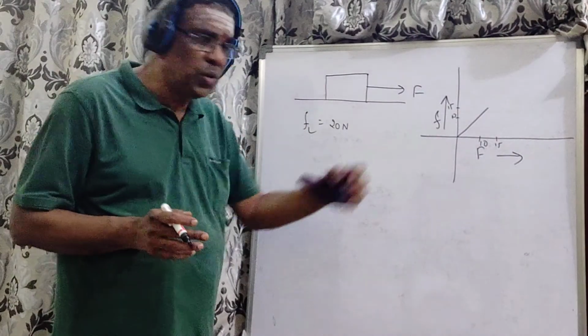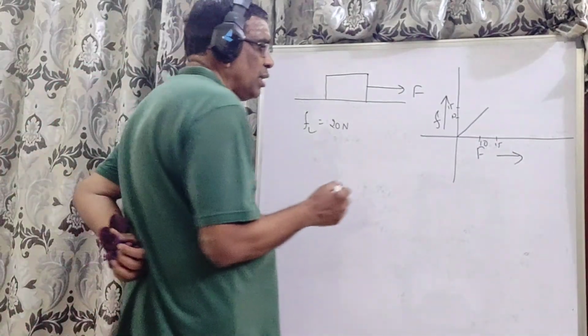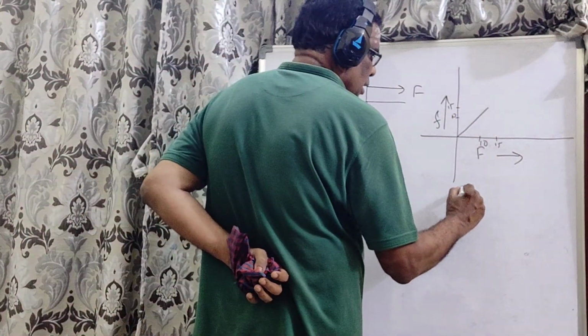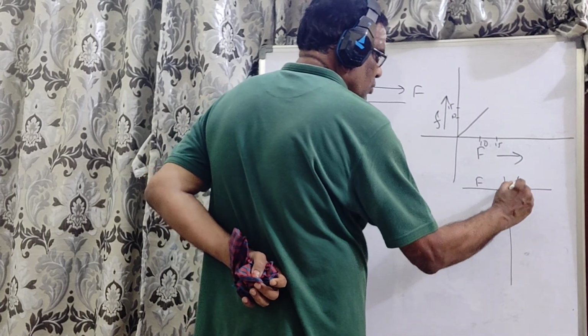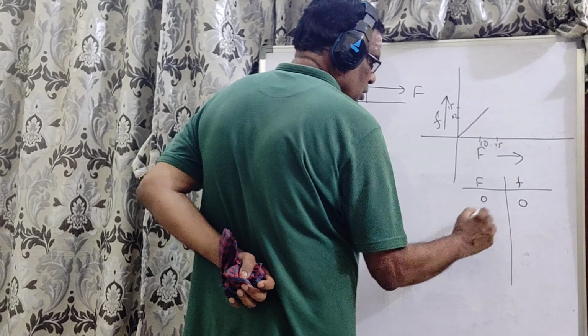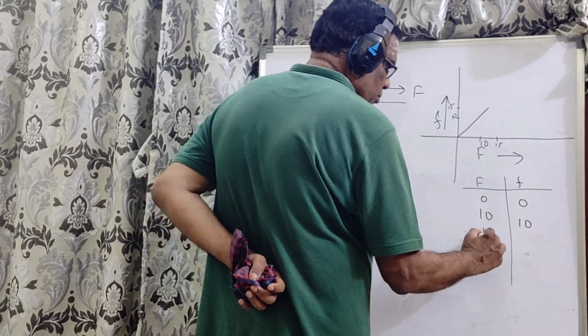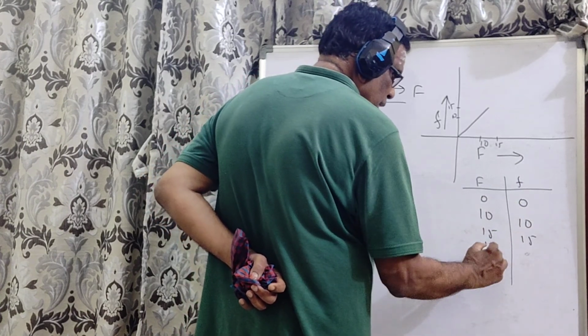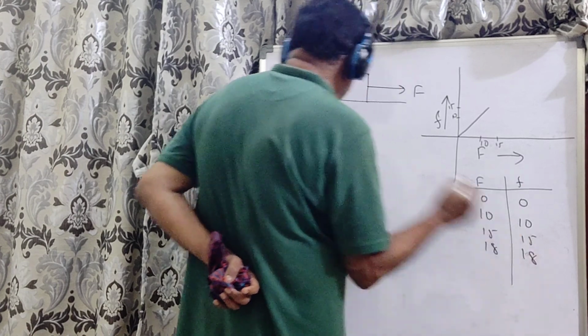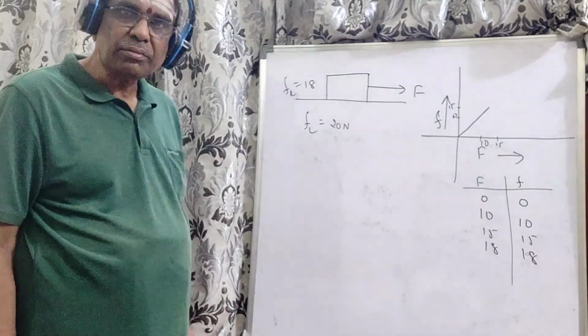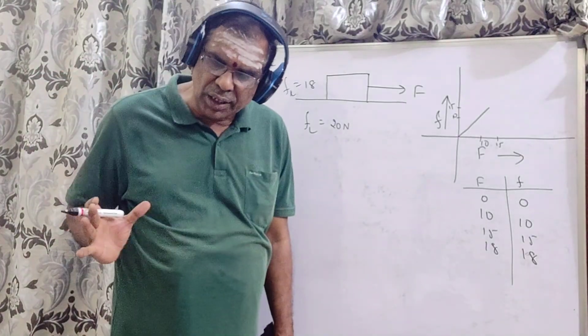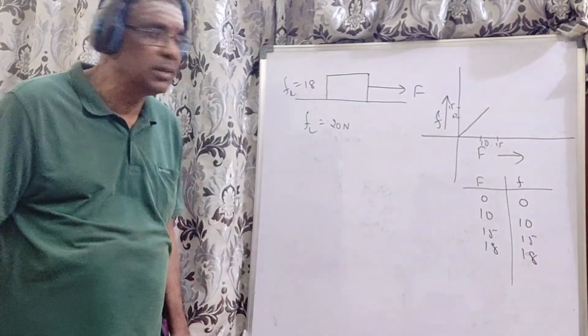Till you go to 20, now be careful, applied force 0, friction 0; 10, 10; 15, 15; be careful, 18, 18. Body at rest and you are trying to apply 18 newtons.